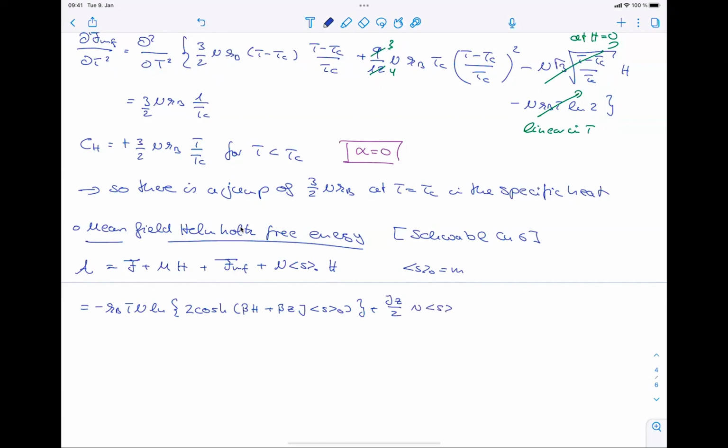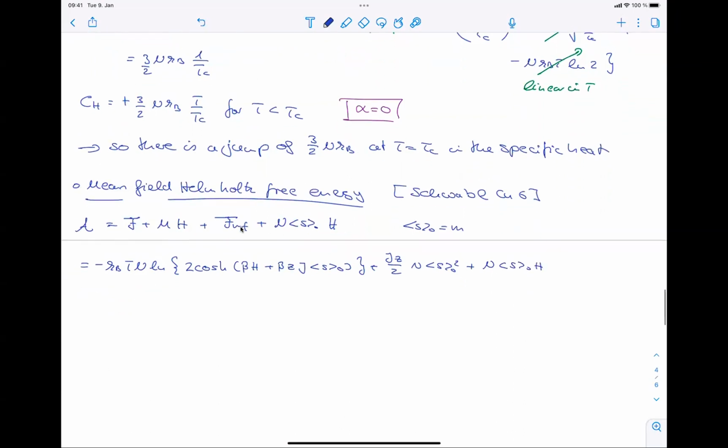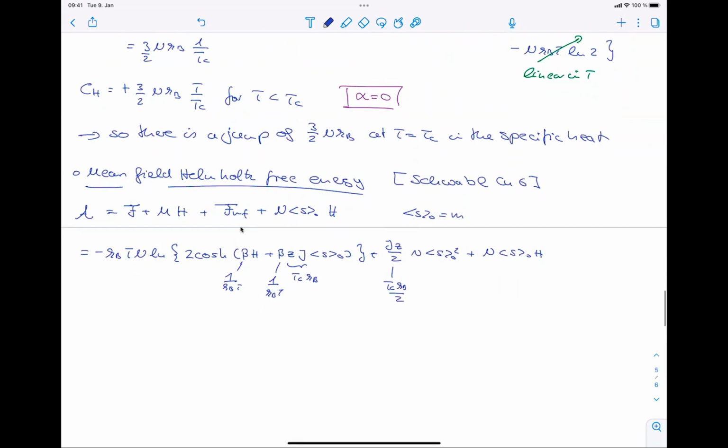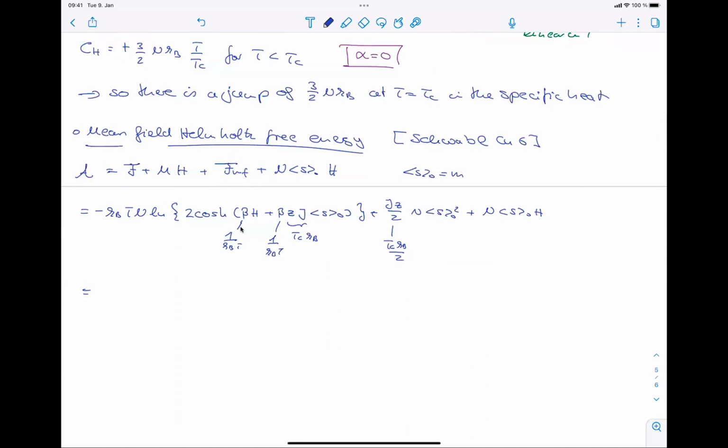If we copy this term down again from above, and now add this extra term, and again go to criticality, I will write this as 1 over k_B T, and this again as 1 over k_B T. I will rewrite this as T_c k_B, and also here T_c k_B over 2, using the critical temperature we identified, to rearrange.